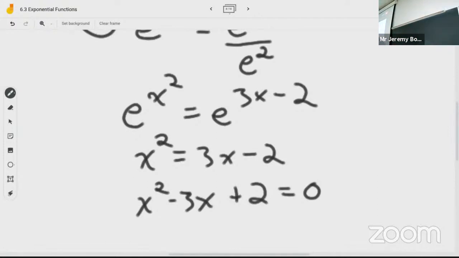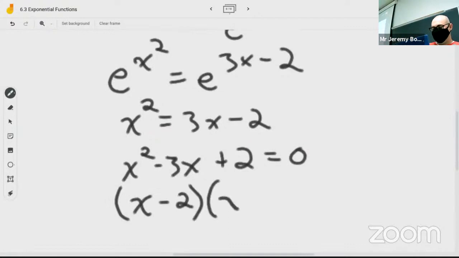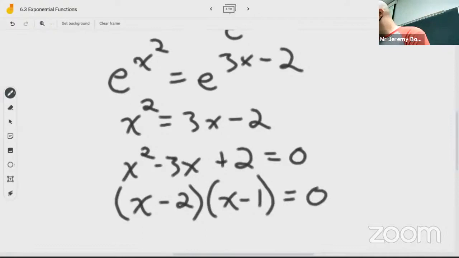That one does not appear to factor. Oh, yeah, it does. Yeah, so we can do x minus 2, x minus 1 is equal to 0. I didn't catch the sign.